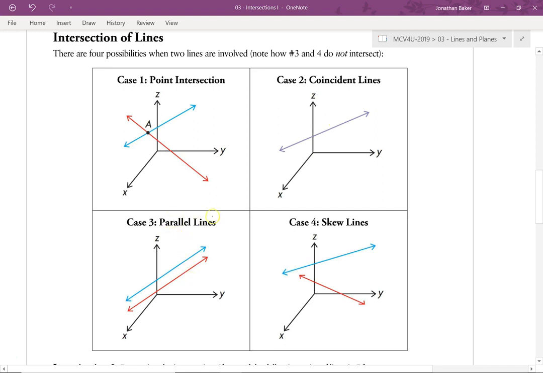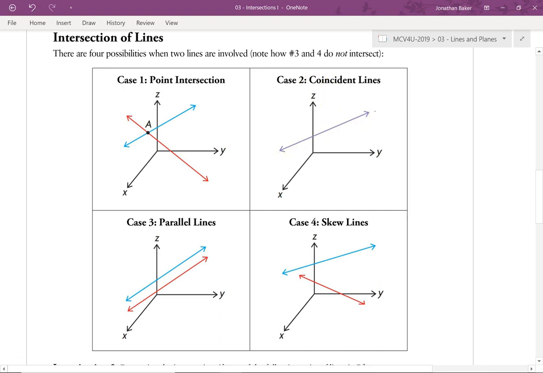You can have parallel lines where their direction vectors are collinear, but the lines do not touch, and therefore there is no intersection. And of course you can have another case where they are skew. Skew lines means that they are not parallel and they do not connect at any points. They kind of miss each other. And of course for case 2, I should have said that the intersection is all the points on the line.